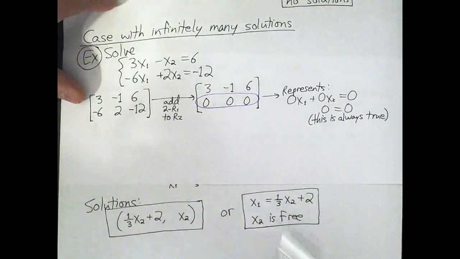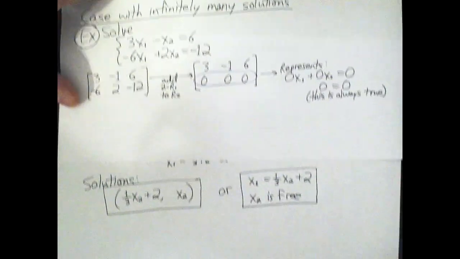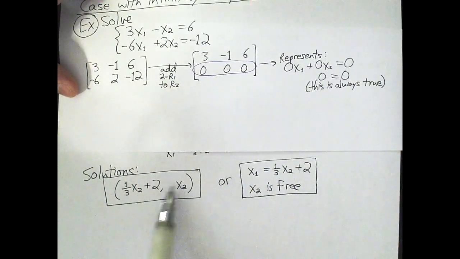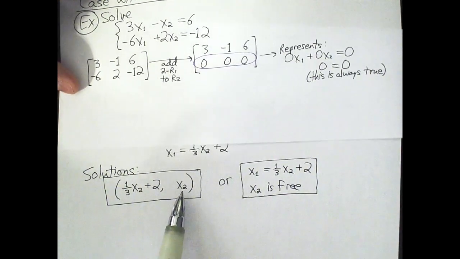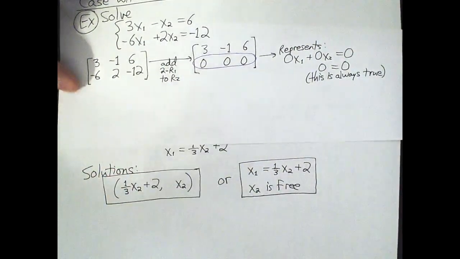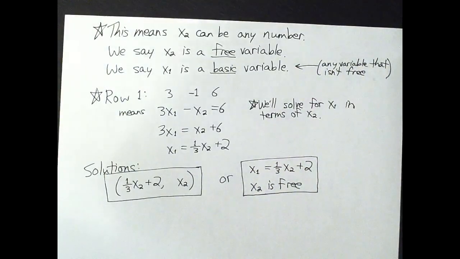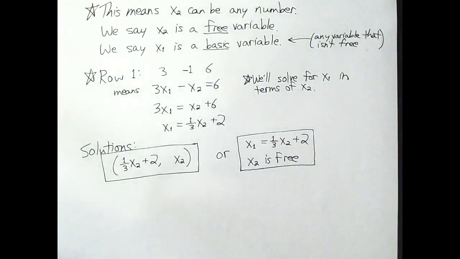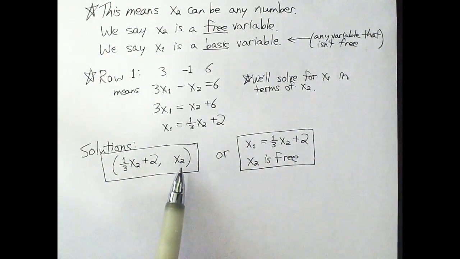So not everything is a solution, but everything in this form is a solution. So pick any real number for x2 and pick the appropriate x1, and that will solve the system. For example, x2 can be any real number, so let's say x2 is 0.